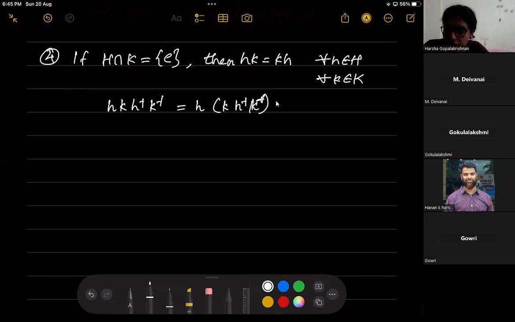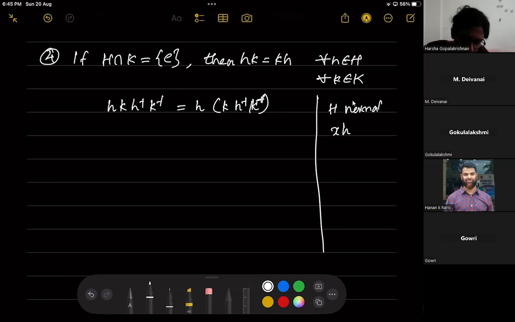Now, H is normal. So where does this element belong? Yes, this belongs to H, right? H normal means for any element x, x h x inverse belongs to H, where h is an element of H. So here, h inverse is an element of H and k inverse is some element from G. So this belongs to H, and this h also belongs to H. So where does this element belong?